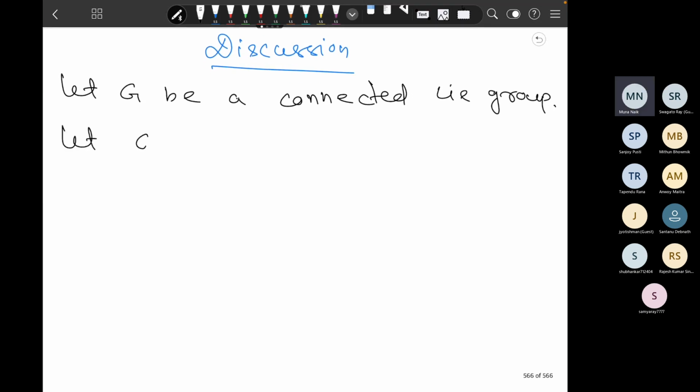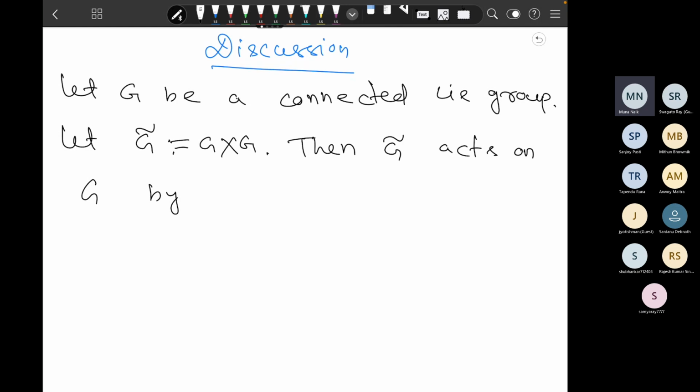Let G tilde be equal to G cross G. Then G tilde acts on G by this: if you take (a, b) dot g, this is a g b inverse. So we are multiplying from the left by a and from the right by b inverse, so both translations I am taking.